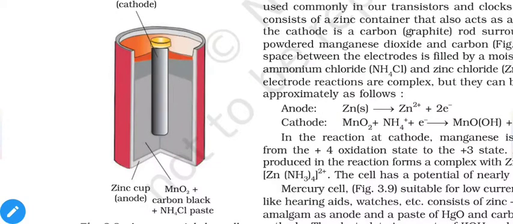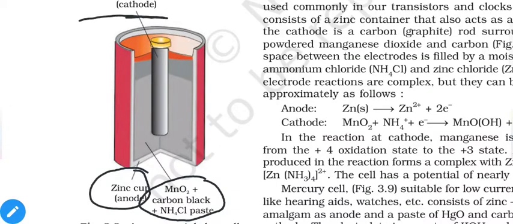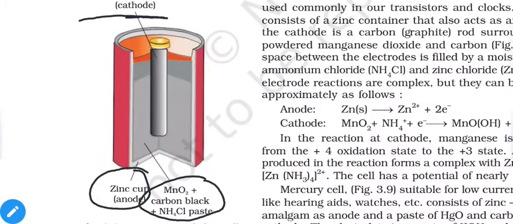So these are a few examples, and here is the structure of this cell. This battery contains a zinc cup which behaves as the anode, and we have a mixture of MnO2 with carbon black and NaCl in paste form, which will behave as the electrolytic medium, and then we have carbon as the cathode. So this is our cell formation, in which we have the anode, the cathode, and our electrolytic medium which connects both of them.